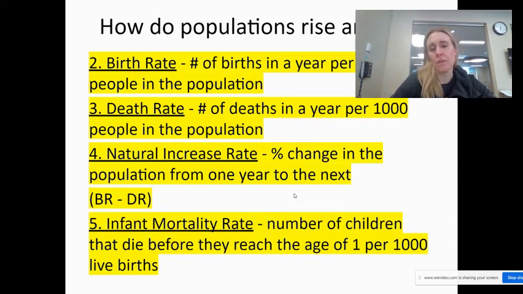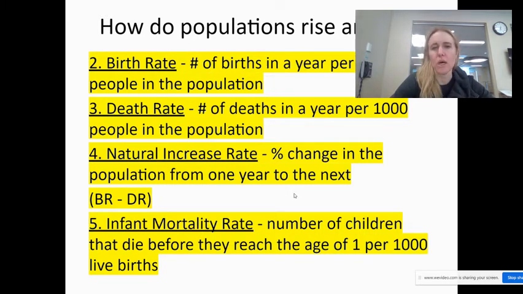And I'm going to change the decimal point, so it's actually going to be 0.8. We're not going to get too much into why, but I can figure out that that country is growing by a percentage of about 0.8% per year.